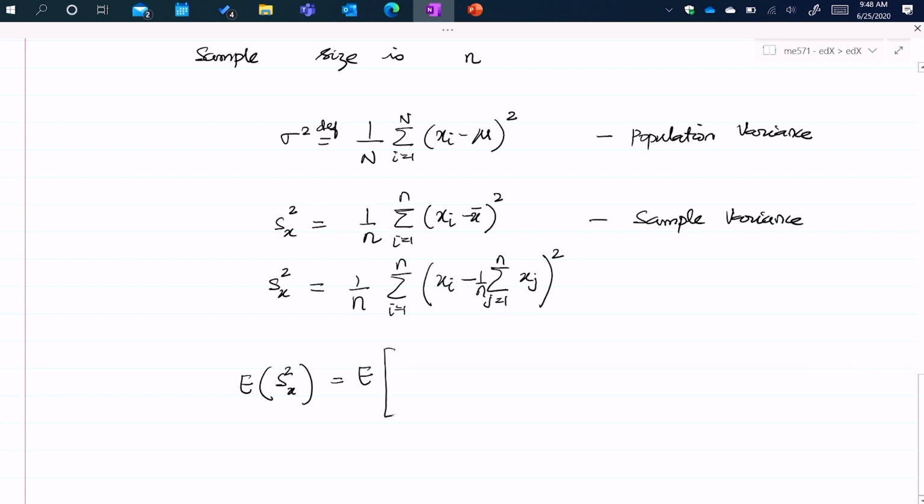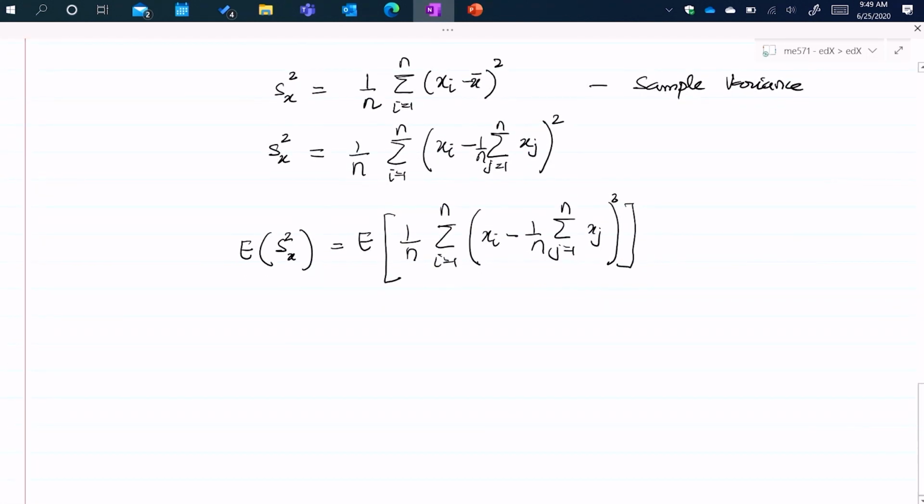So now I can write this as expected value of 1 over n summation i going from 1 to n of xi minus 1 over n summation j going from 1 to n of xj, and this whole squared.